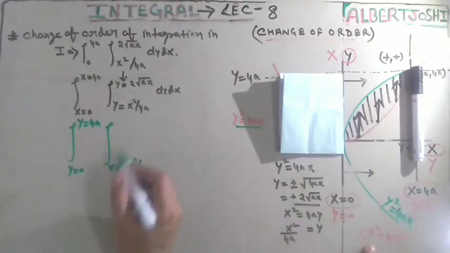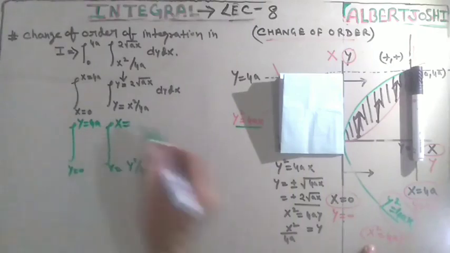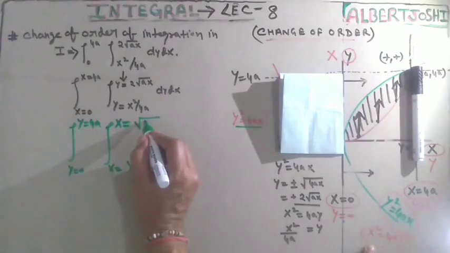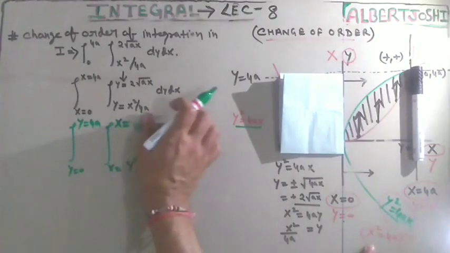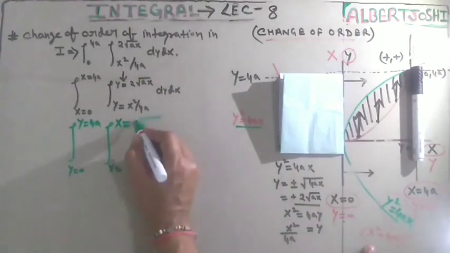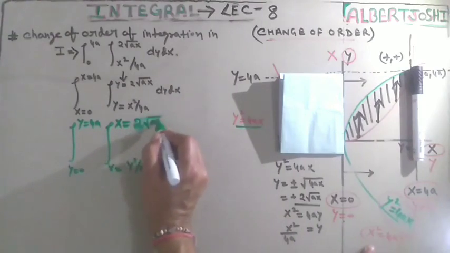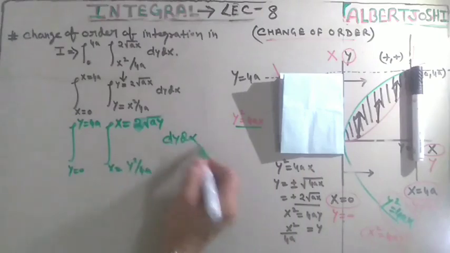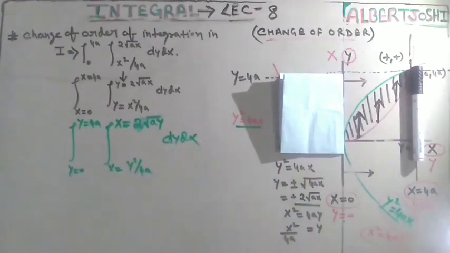But here we have to write x is equal to square root 4ay, which means 2 square root ay. And these both are the same. Now you can evaluate. Very simple.